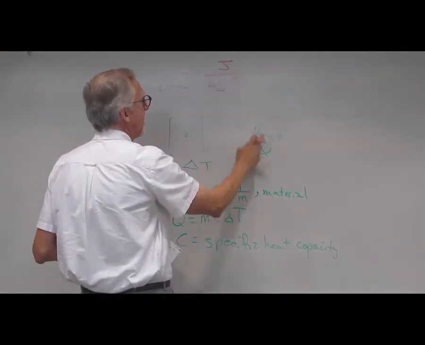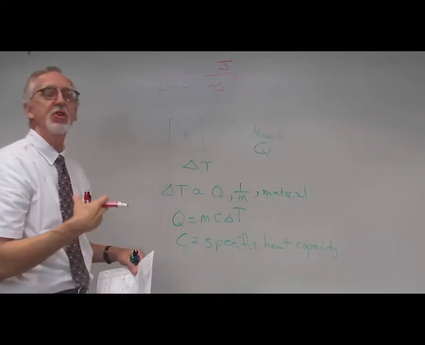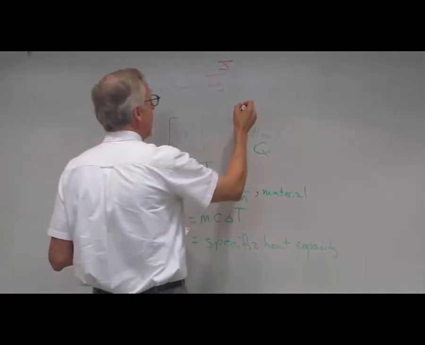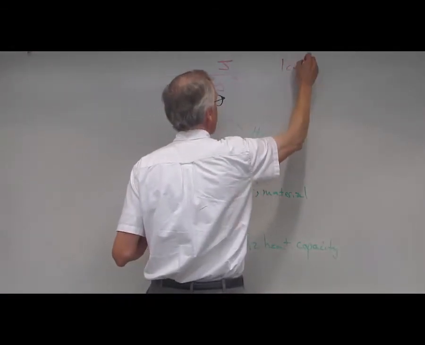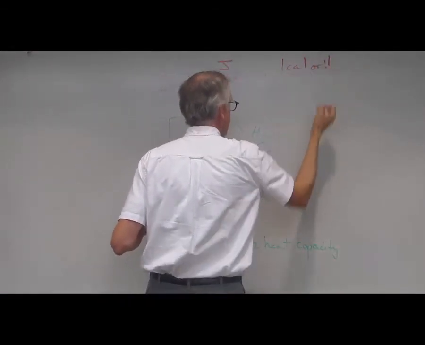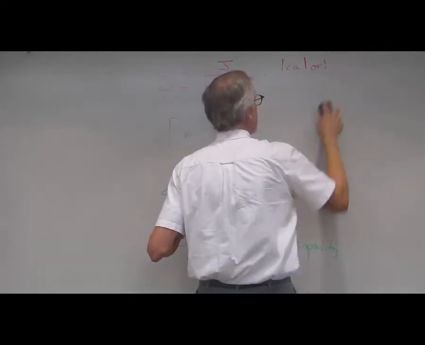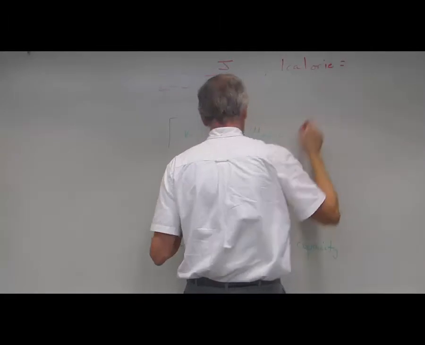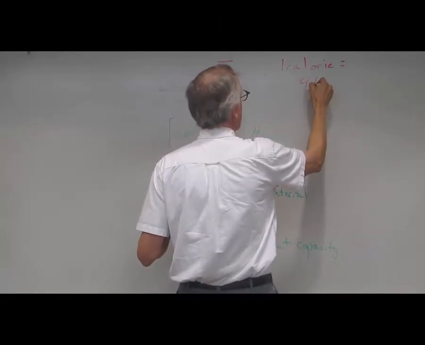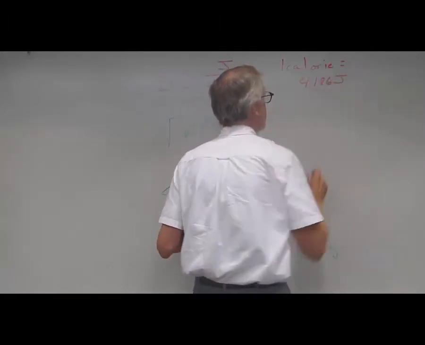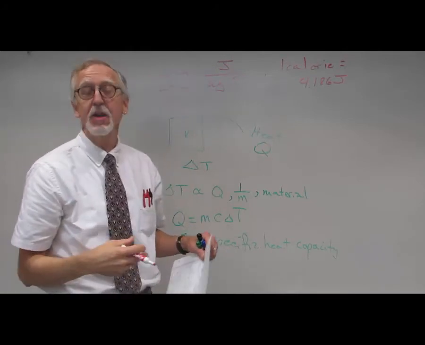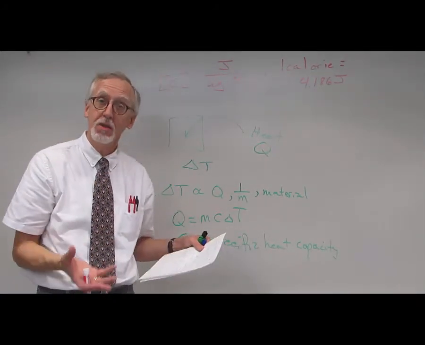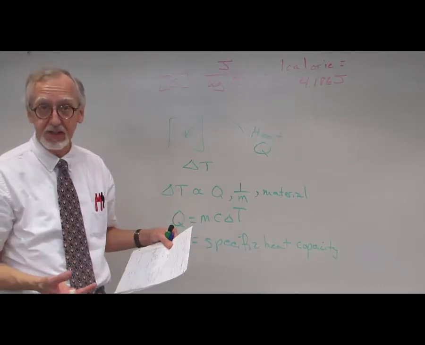Now sometimes heat in an object is measured by a different unit, a calorie. Now 1 calorie is equal to 4.186 joules. 1 calorie is the amount of heat required to increase the temperature of 1 gram of water 1 degree centigrade.